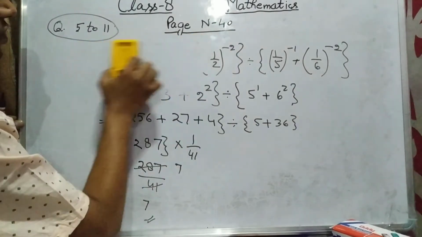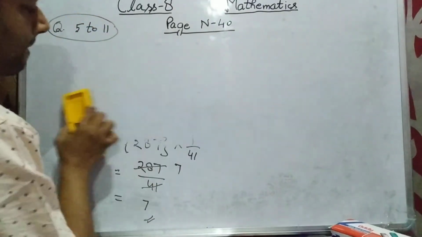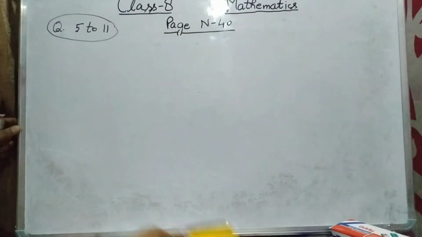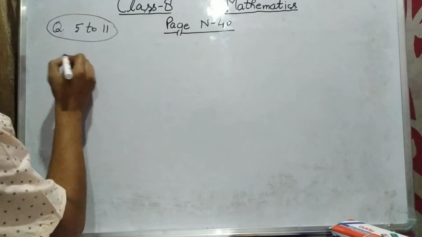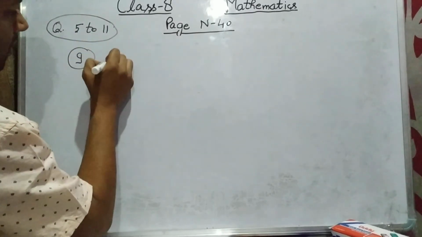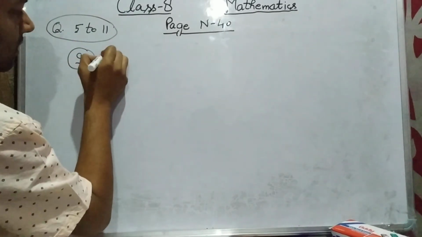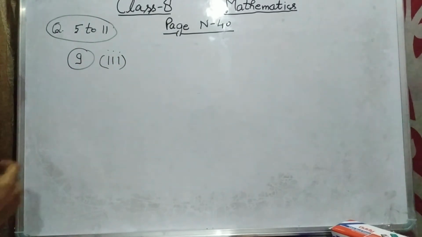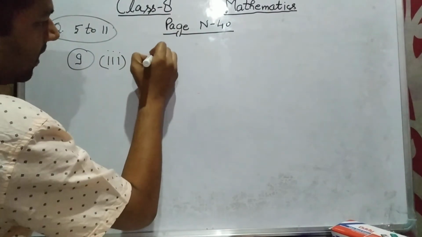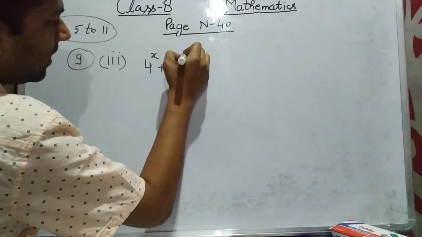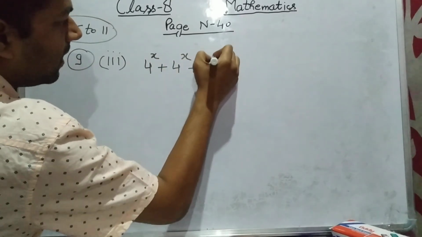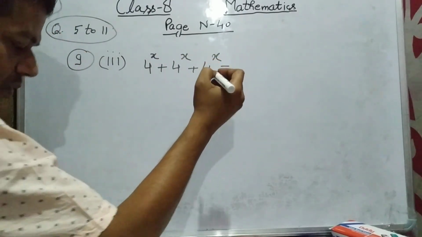Now see this question. Question number 9, third part. Yesterday one student was asking me: 4 to the power x plus 4 to the power x plus 4 to the power x is equal to 192.